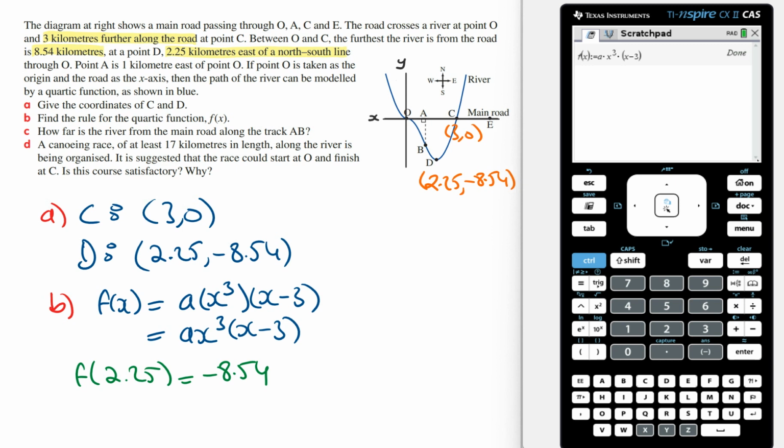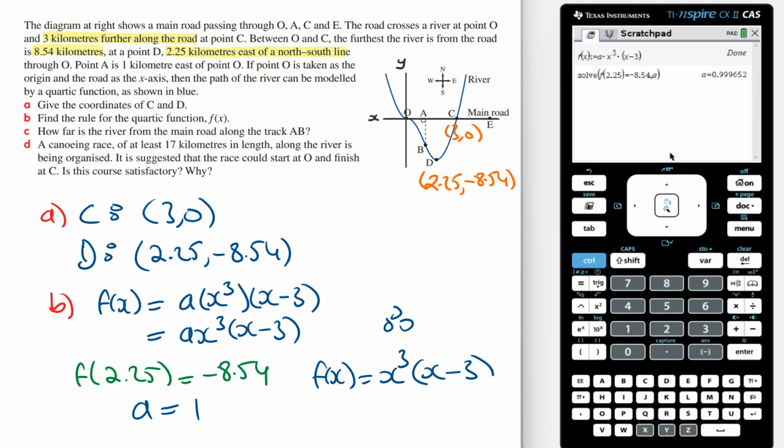And now setting up the equation, we can solve for a. Correct to 2 decimal places, we can see that the value of a is going to be 1. And so therefore, the rule of f(x) is going to be x cubed times (x - 3).